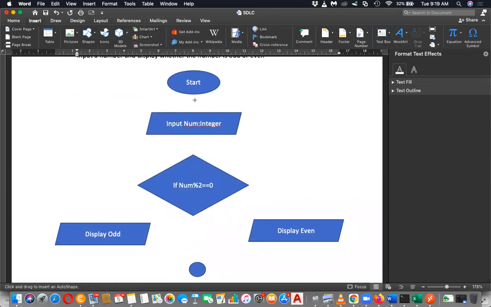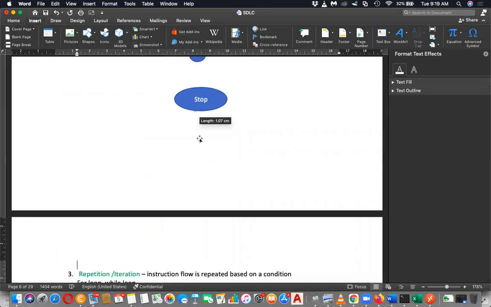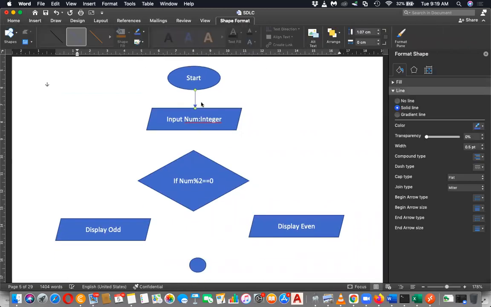So an arrow here, an arrow here, an arrow here and here to connect that.